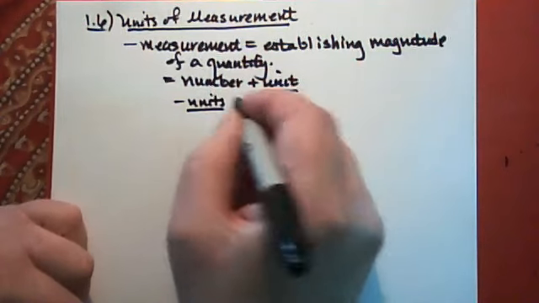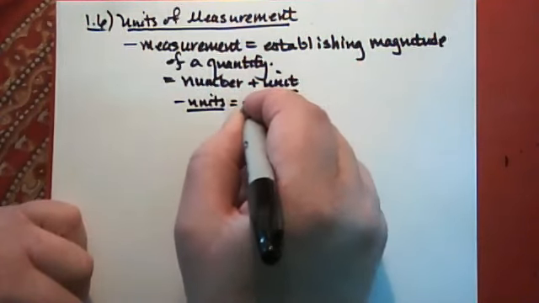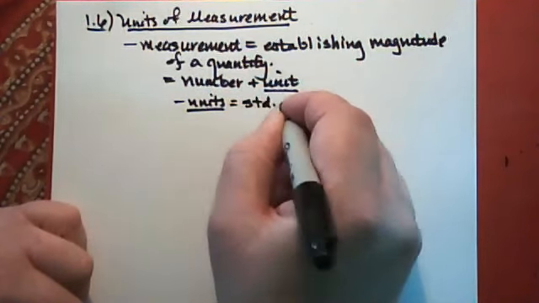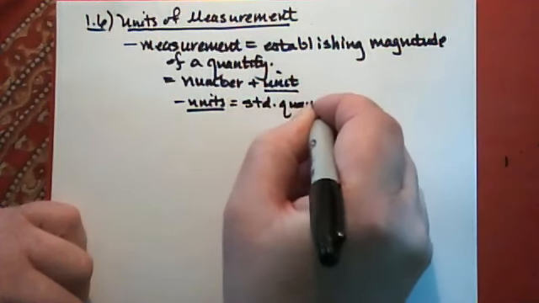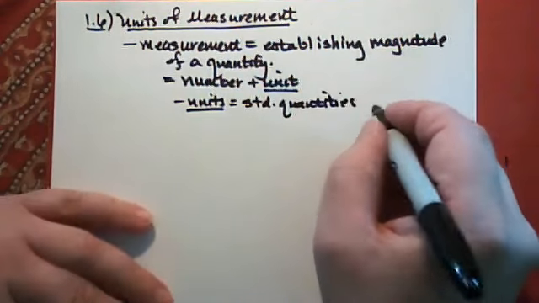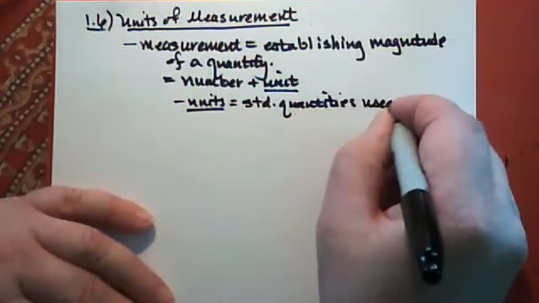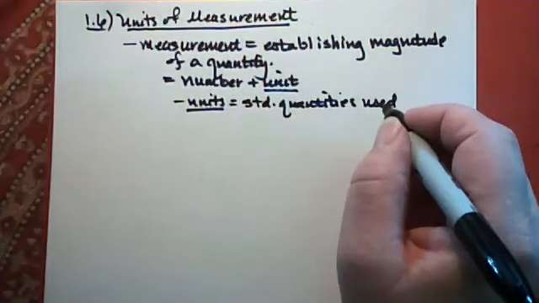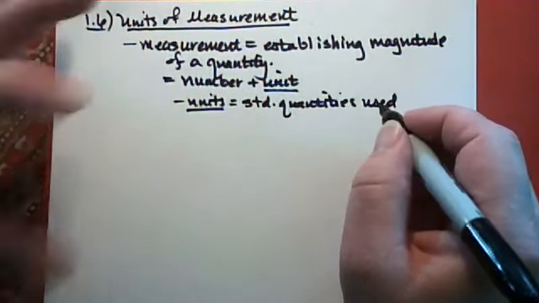What the units do, or what the units are, is basically standardized quantities. Units are basically agreed upon standards.